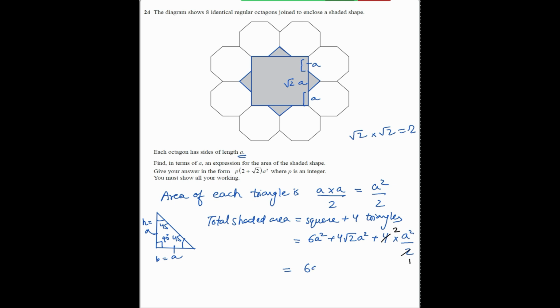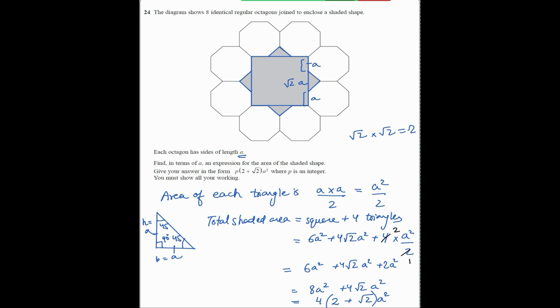Now we can write it as 6a squared plus 4 square root 2 a squared plus 2a squared, and therefore 6a squared plus 2a squared is 8a squared plus 4 square root 2 a squared. If we take the highest common factor 4 out, it will look like this: 4 brackets 2 plus square root 2 close the bracket a squared.